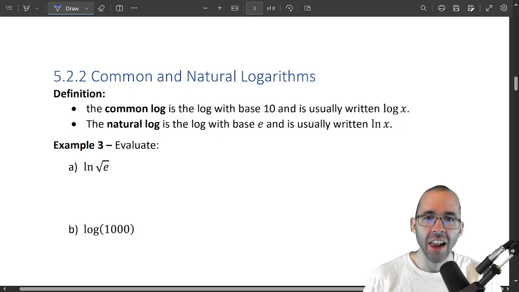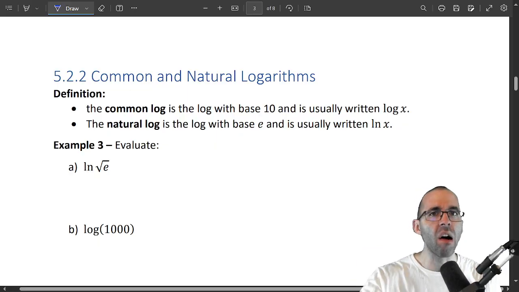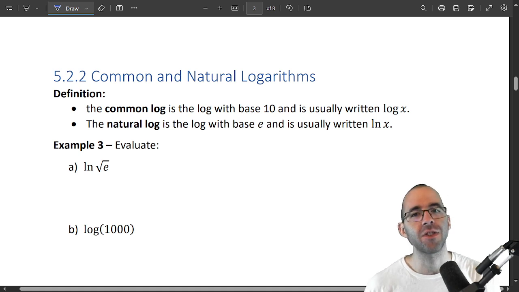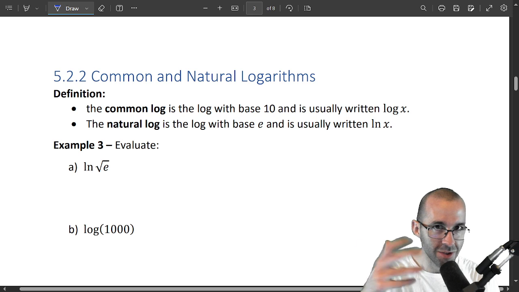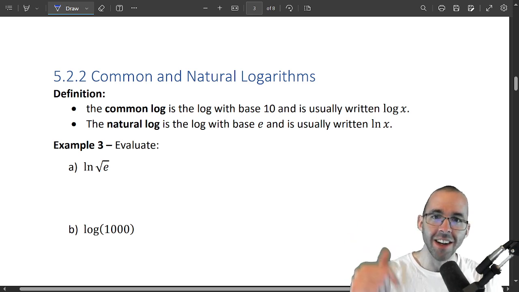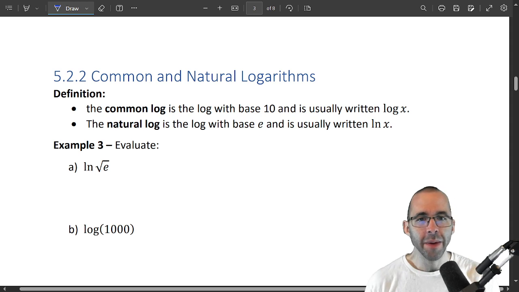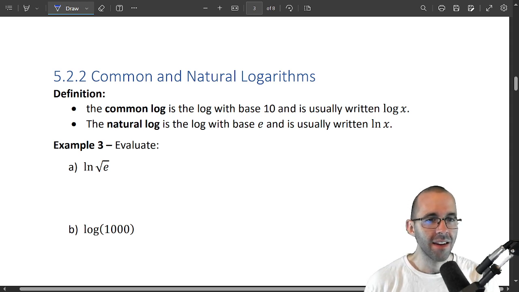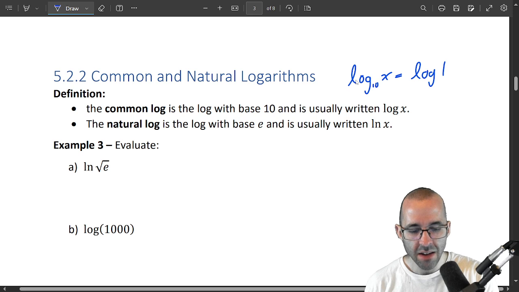Anyway, last video was a lot. Let's just have a pause to talk about some notation. When I said you're seeing the future, my past, your future, that's this video, okay? The common log is a log with base 10. The log base 10 of some number means the exact same thing as when we don't write the base at all.